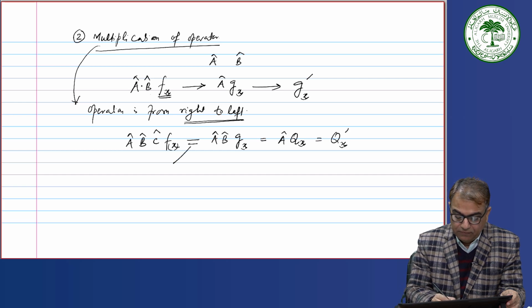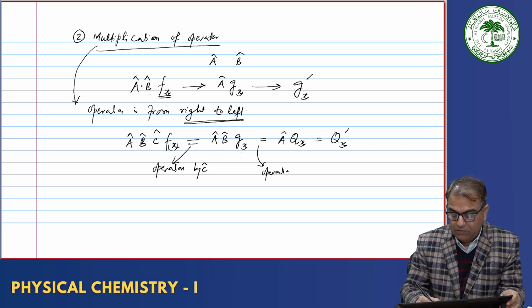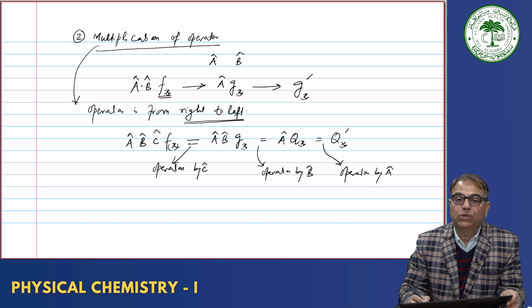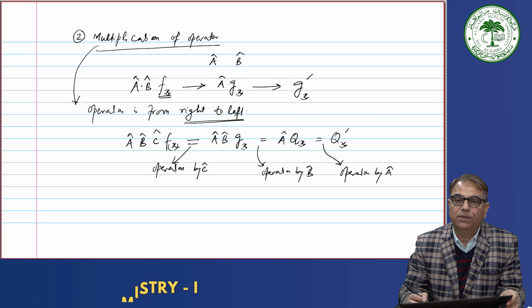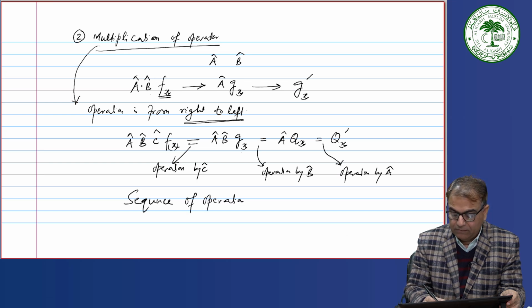So this is operation by the C operator, and this is operation by the B operator, and then you operate by the A operator. So sequential multiplication of operators tells you the sequence of operation. It defines the sequence of operation. Okay.